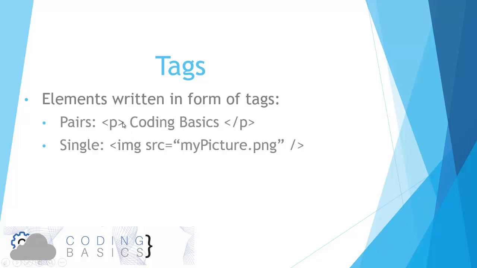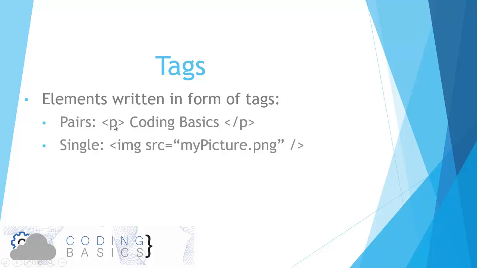The first one is usually called the opening or the starting tag. This one's usually called the ending or the closing tag. Either works just fine. Both are used to name these. So this is a paragraph. The opening tag would have an angle bracket as well as the tag name.